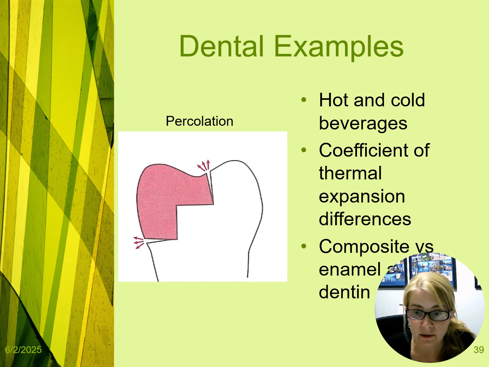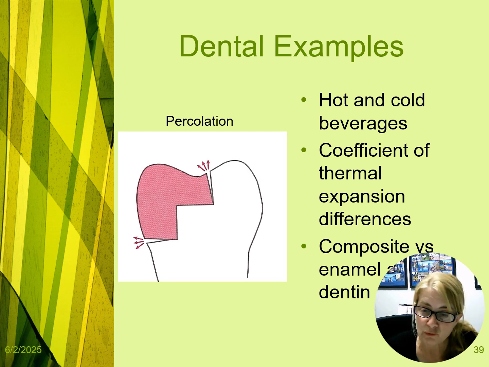So it could be composite versus enamel, or amalgam versus enamel or dentin, but it's related to thermal dimensional change of materials and the tooth, allowing the fluids to move in and out around that restoration. When you have a restoration and a tooth expanding and contracting, it creates space where bacteria and saliva can enter the space.